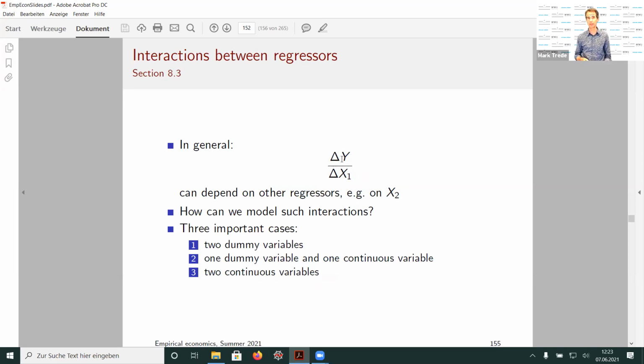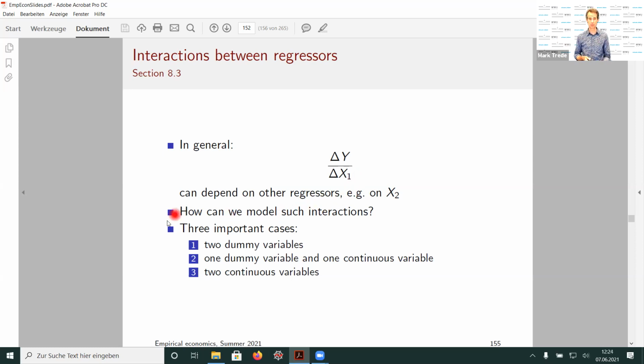So how could we model such interactions? And this is what we call interaction, by the way. It means that one regressor or a group of regressors has an impact on the marginal effect of other regressors. So that's where they interact.